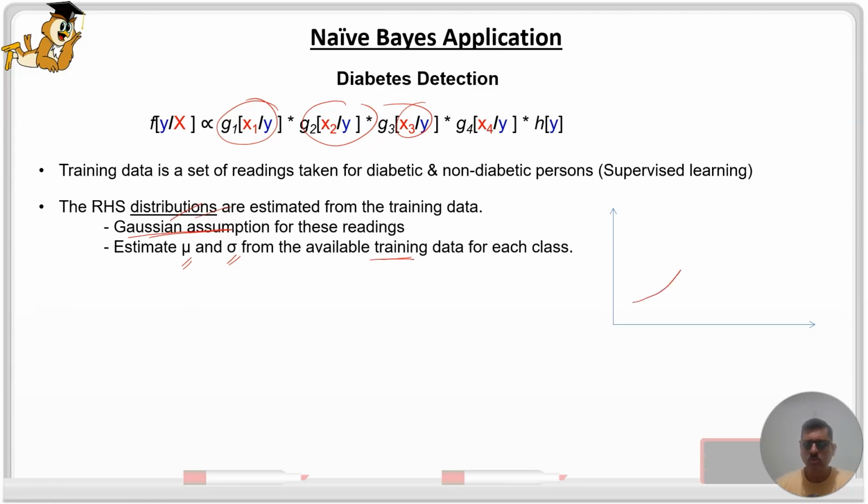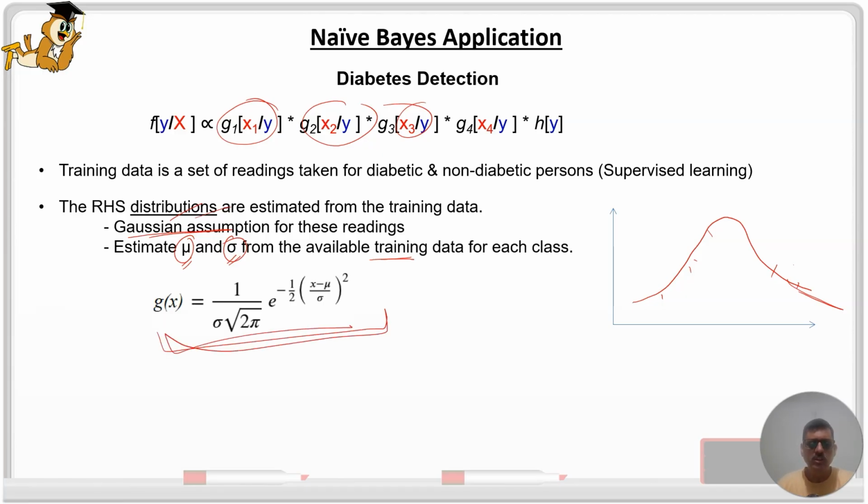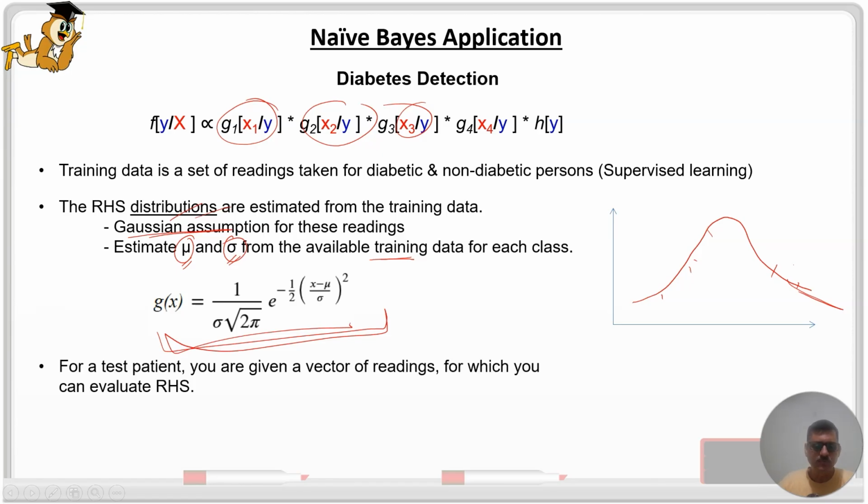So you assume that a certain distribution is Gaussian. You have a finite amount of training data that you have been given, and since you assume that it's Gaussian, my Gaussian doesn't look all that great, but it is a Gaussian. All you need to do to define this density function is to find its mu and sigma, which can be found from the training data available to you, and then your Gaussian density function is basically just this, right?